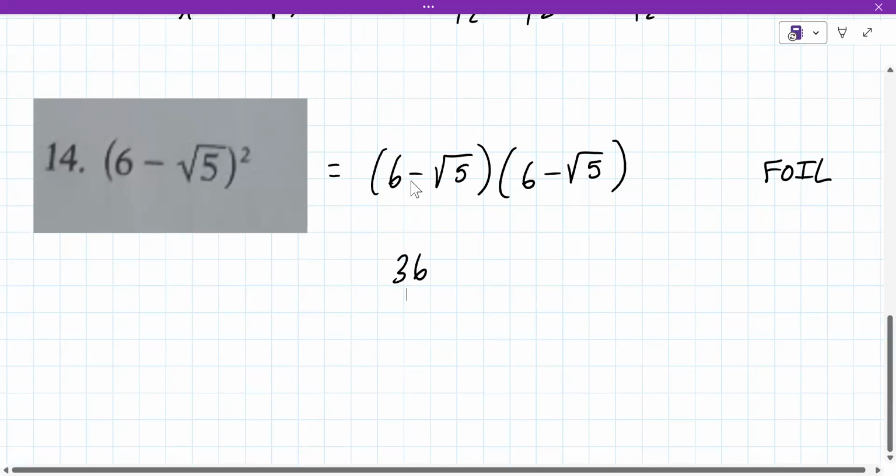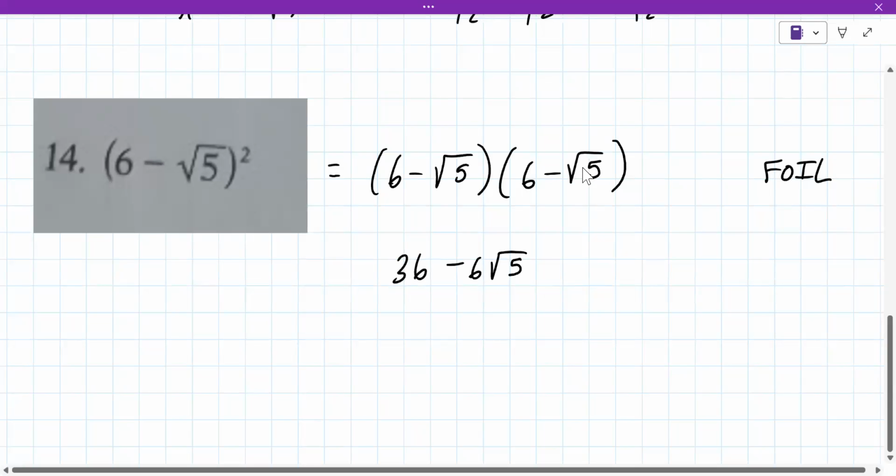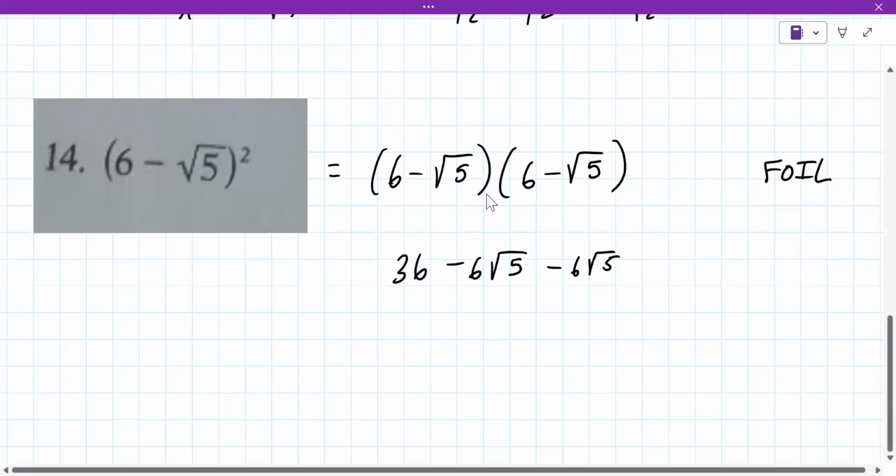Then you're multiplying the outside. So that's 6 and negative square root of 5. That becomes minus 6 square root of 5. Then the subtraction goes with the root. The inner is minus square root of 5 times 6. You always put the number before the root, just as a preference. You don't multiply inside the root.